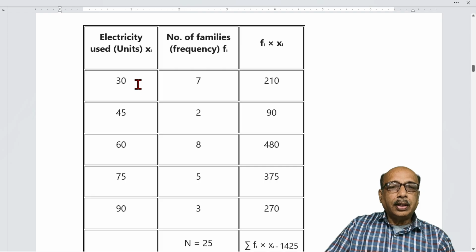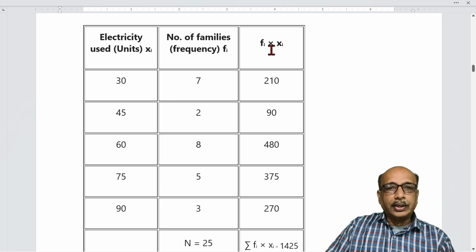Units are in multiples of 15. So 30 is the minimum and 90 is the maximum. So 30, 45, 60, 75, 90 will come in the xi column. Number of families, the frequencies, are given as 7, 2, 8, 5, 3.